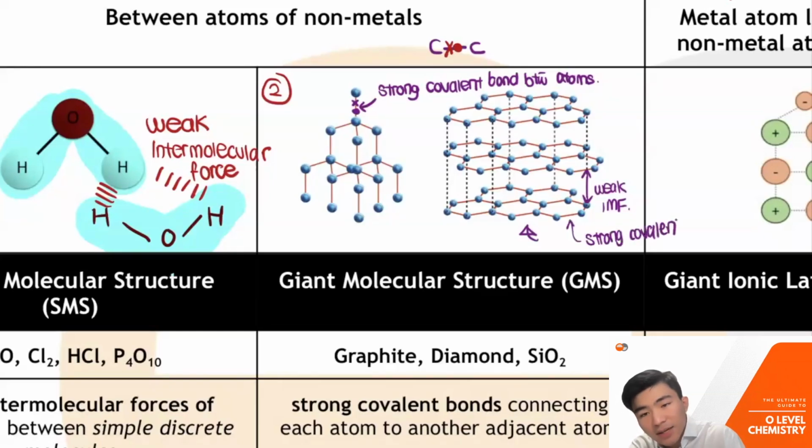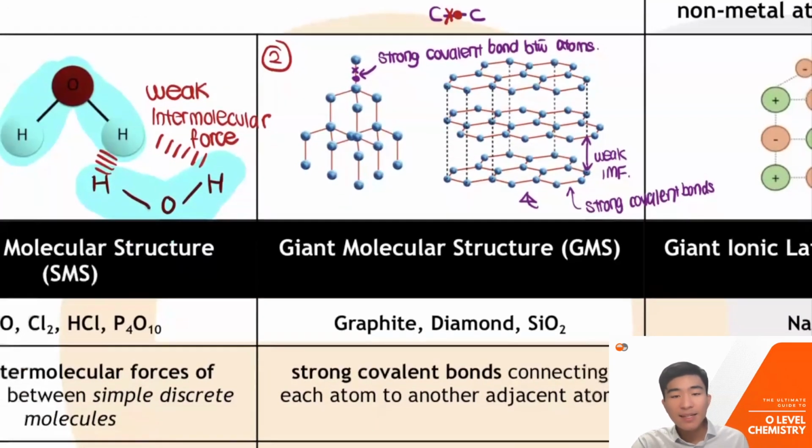Can you see the dotted ones? The dotted ones are the weak intermolecular force, whilst the red color ones are the strong covalent bond, which means they are a sharing of electrons. So the structure is as such, there is a strong covalent bond connecting each atom to the adjacent atom, so on and so forth.